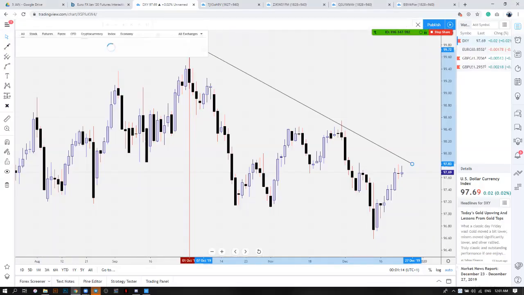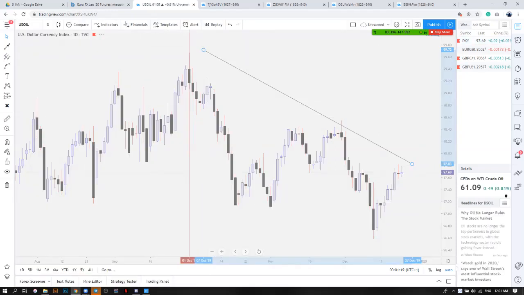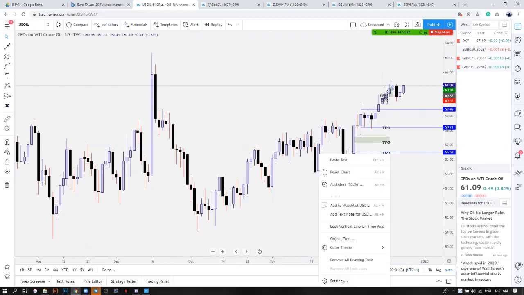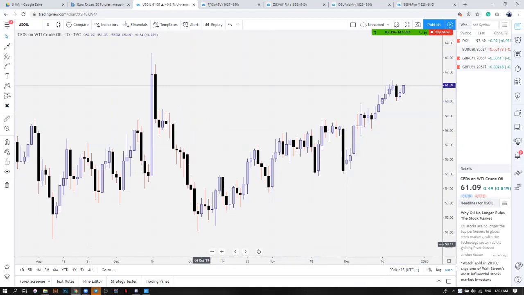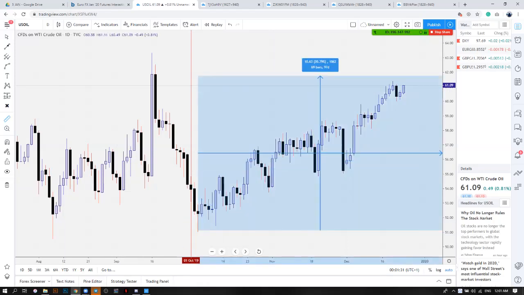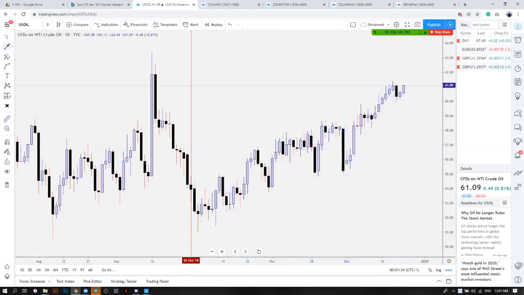Let's look at US oil from October 1st. Whilst the DXY was going down, remove all drawing tools, October 1st. Whilst DXY traded down, at the same period, oil went up. Okay, so the direction goes up.